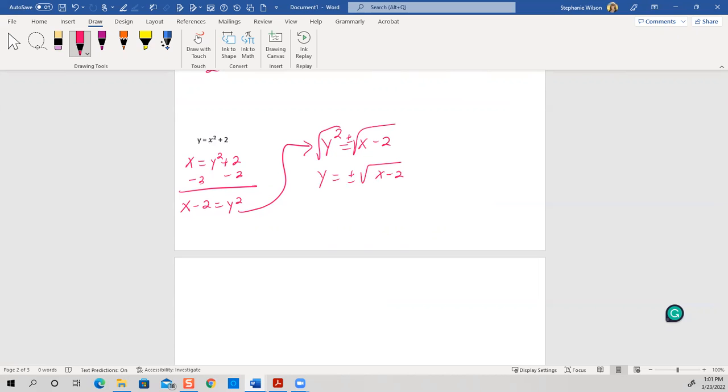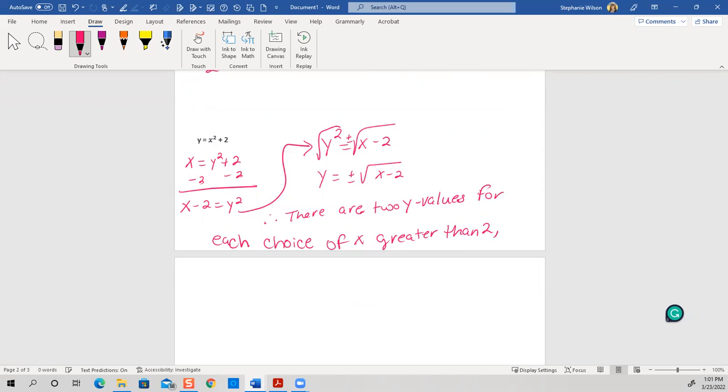So there are 2 values for each choice. Let me write this down. Therefore, there are 2 y values for each choice of x greater than 2, because we got a plus or minus here.